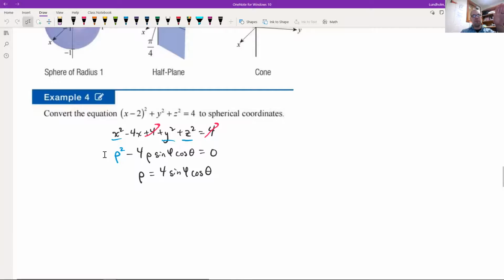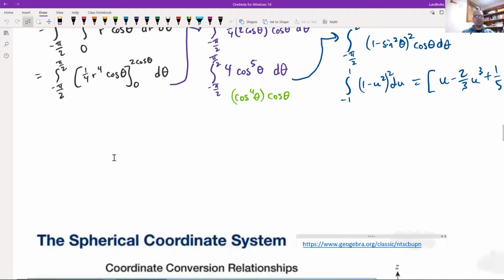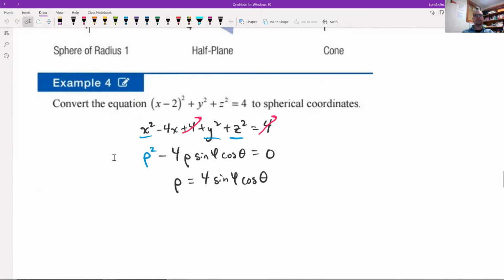Okay, for example 4, we're not doing any integrals. We're just converting this to spherical coordinates. And we teleported. Okay, we're back. So one of the main things to remember is that rho is the radius of our sphere.